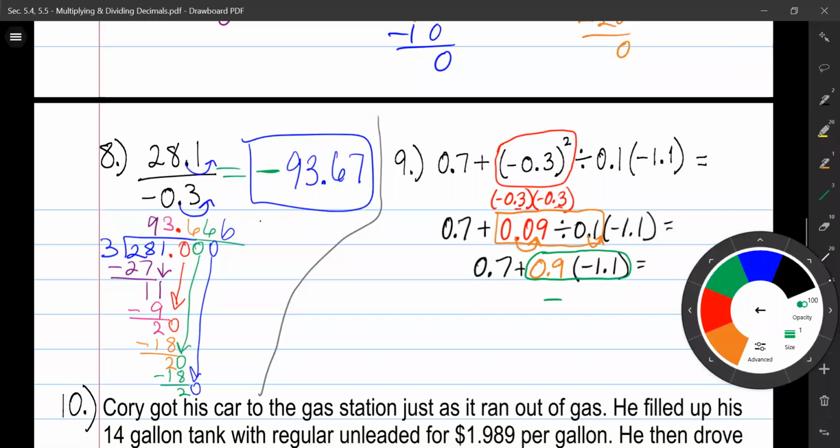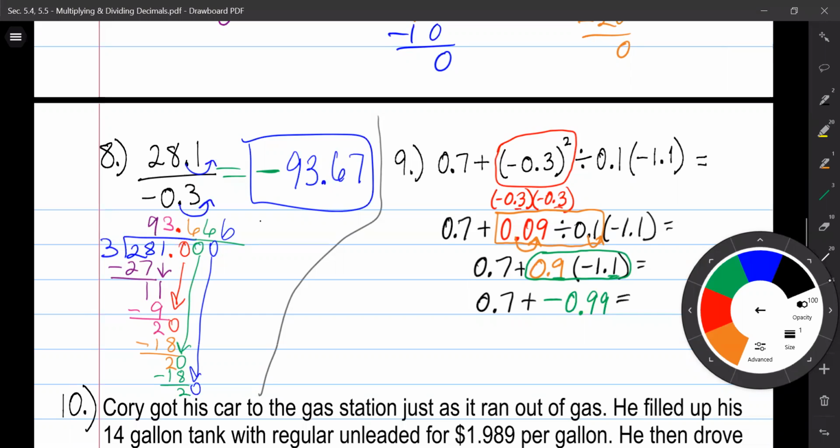And I know it's basically 9 times 11 would equal 99. And I need 2 digits after the decimal point. So it's negative 0.99. And then I'm just going to bring down 0.7 plus. So 0.7 plus negative 0.99.